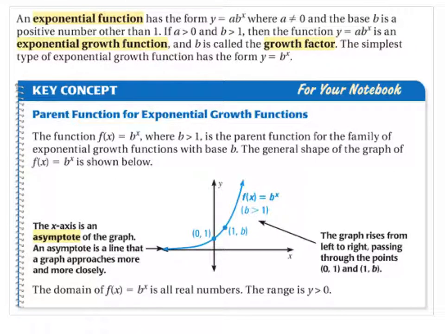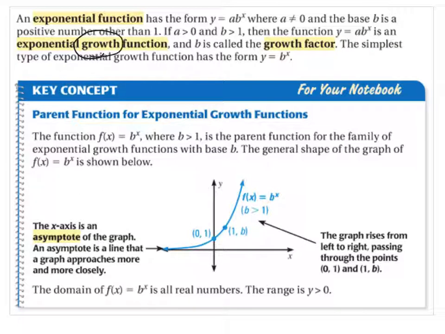All right, let's talk through our new concepts. An exponential function has the form y equals a times b to the x. Notice our variable is in the exponential spot. A cannot equal 0, and the base b is a positive number other than 1. If a is greater than 0 and b is greater than 1, then the function y equals a b to the x is an exponential growth function.